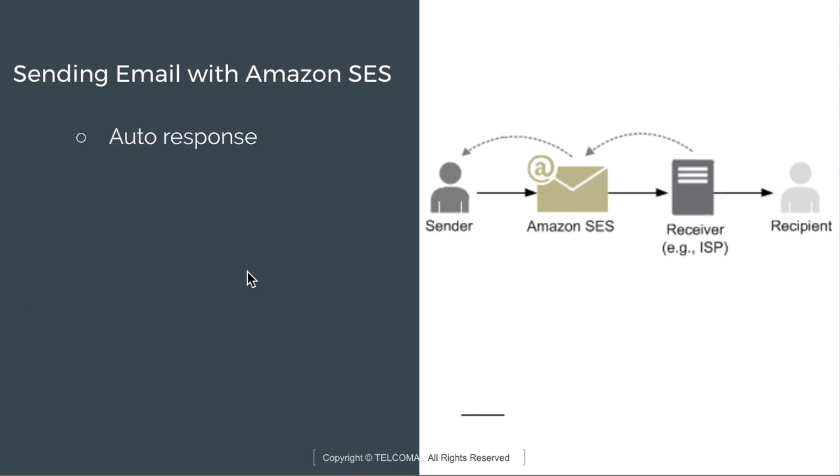Now this is an auto response. From sender to SES to receiver, which is the internet service provider, and the ISP returns it back to the sender through SES. We call it an auto response. This is an auto response when the receiver bounces back the message to SES and SES returns the message to the sender.